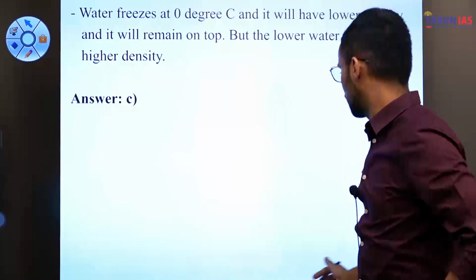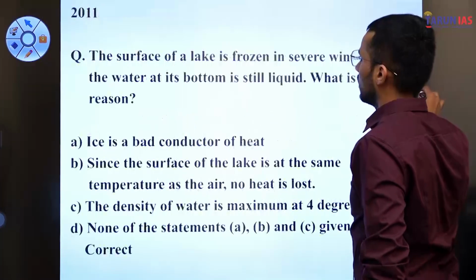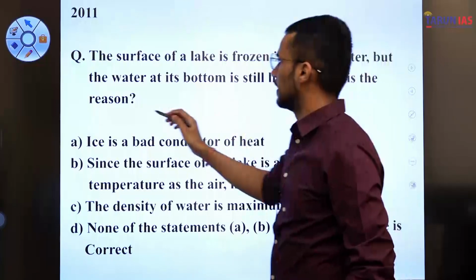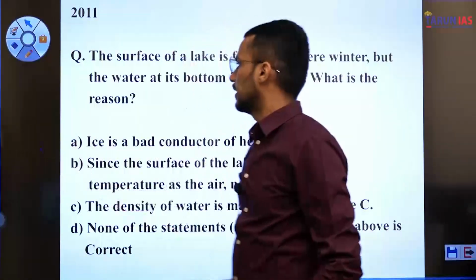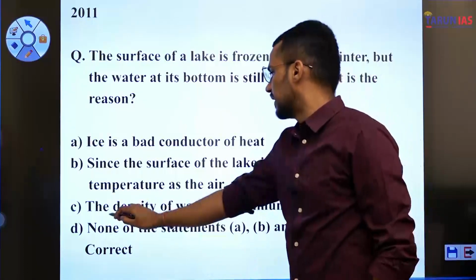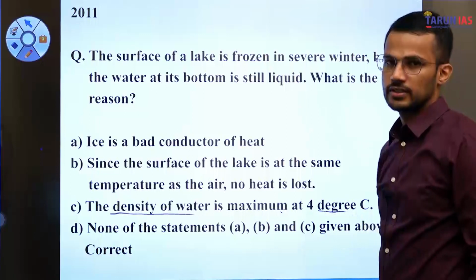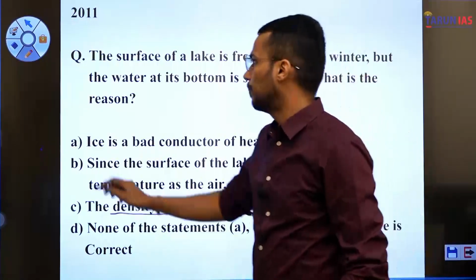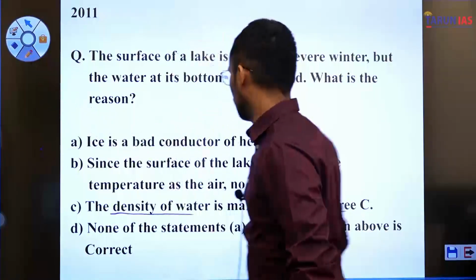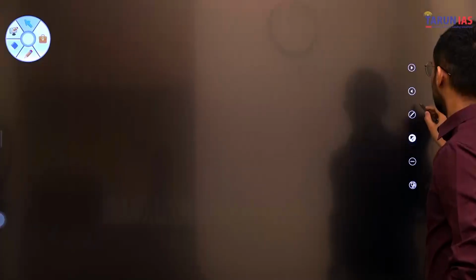And because of this property, we can easily say that water at the bottom is liquid even if surface water has frozen. So the answer is the density of water is maximum at 4 degrees Celsius. Fine. So I hope it is clear to you. Now, the answer for this is C. Next question.